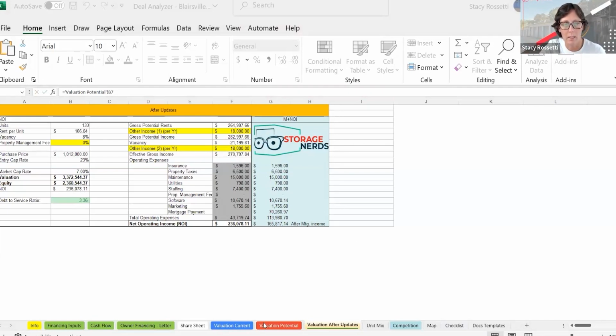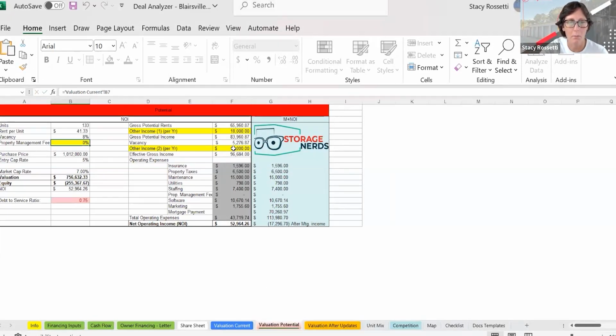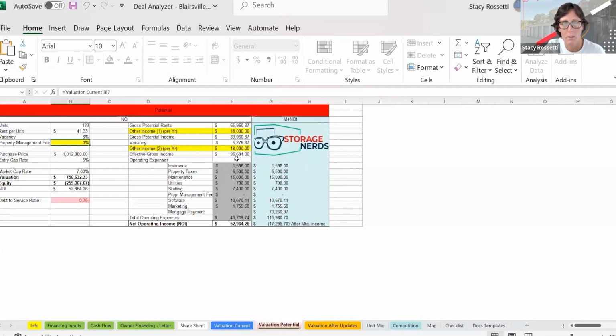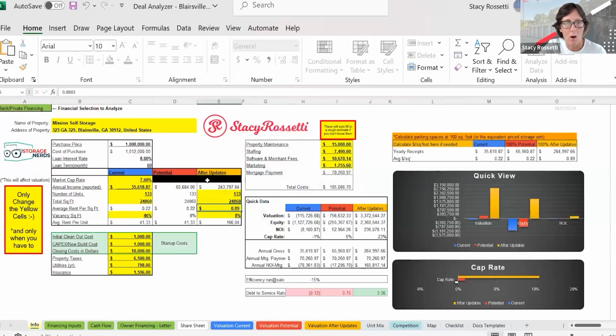Okay, so I'm putting that in here. I'm going to put it in this one too. I'm not putting it into the current, because he did not have those, right? But I'm going to put it into here so that we can look at the numbers. So as you can see, all the numbers are on the info tab, and this is what it looks like. So obviously I'm way overpaying for this facility. All right.